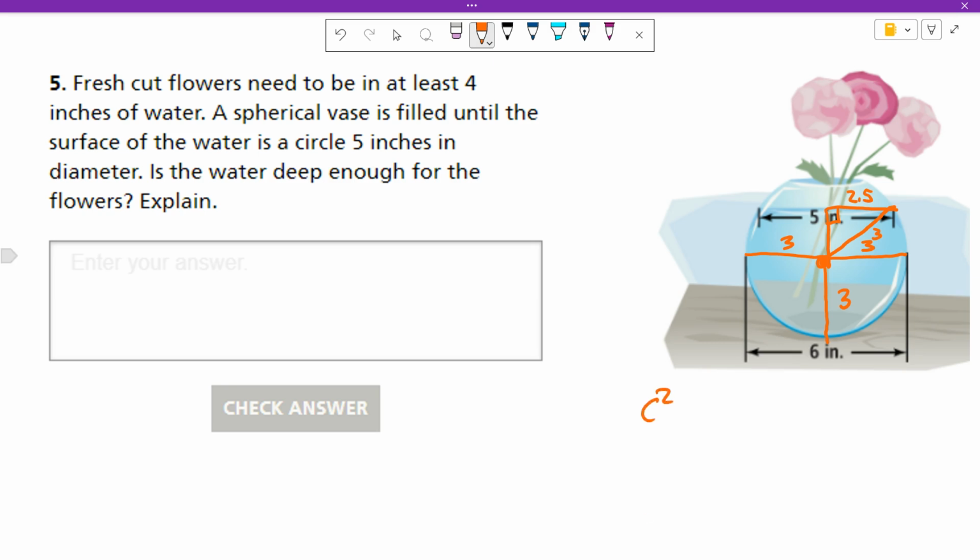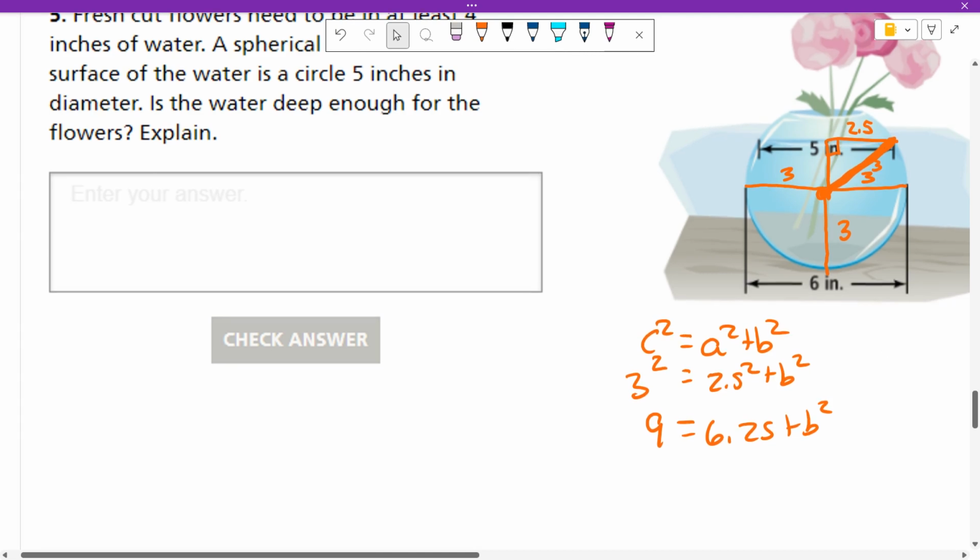Pythagorean theorem. c squared equals a squared plus b squared. 3, because that's the hypotenuse and the radius. 3 squared equals 2.5 squared plus b squared. 9 equals 6.25 plus b squared. Subtract 6.25 from each side.